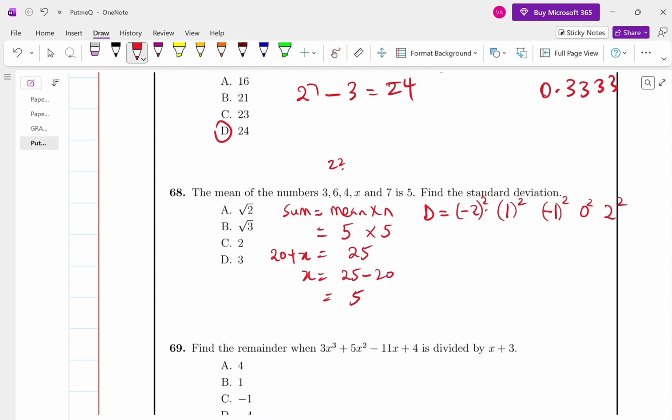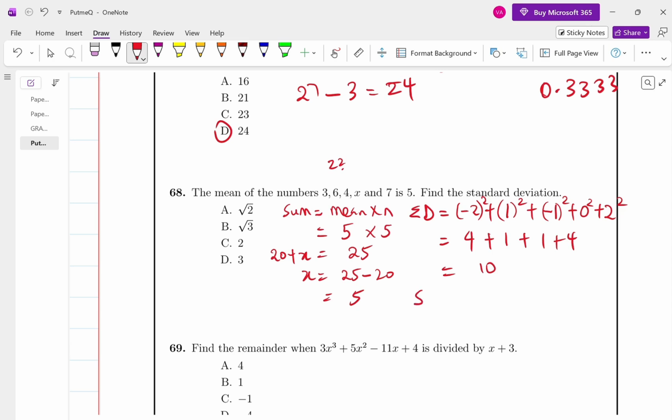So minus 2 squared is 4. This is 1. This is 1. And this is 4. So when you add this up, you're going to get 10. So that's our sum of deviations squared.